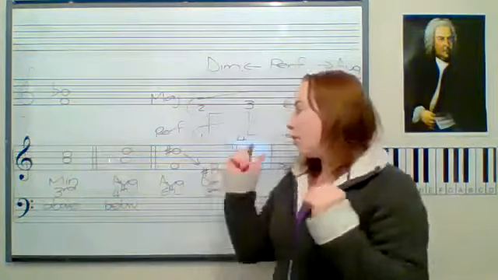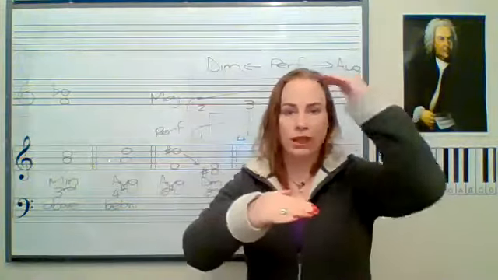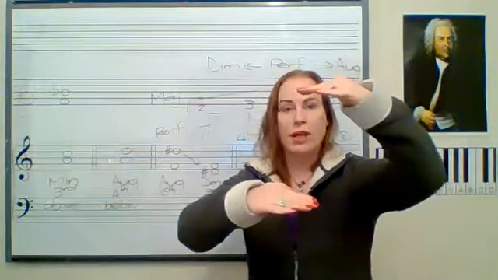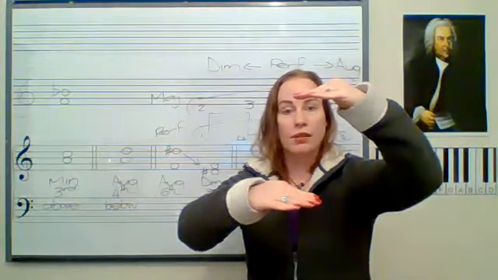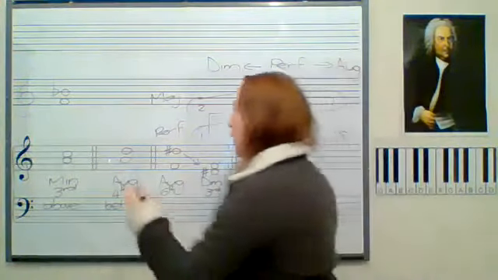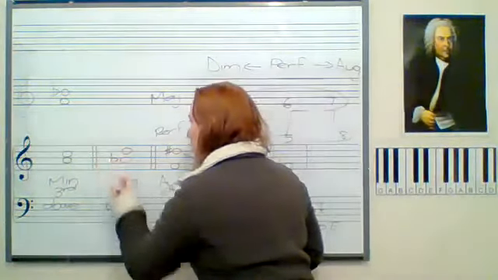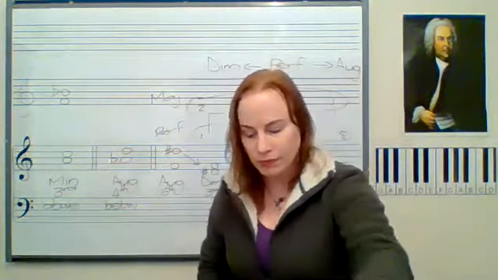So now they want an augmented fourth. So A to D is a perfect fourth. So to make it augmented, you have to make the interval bigger by a semitone, which means you will have to add an A flat. Okay, as easy as that.